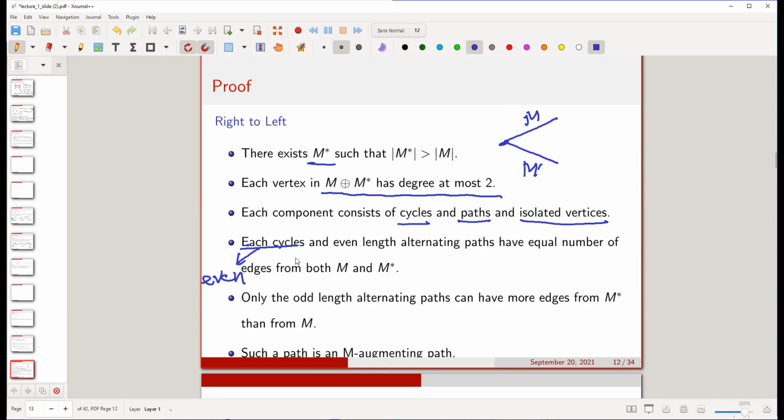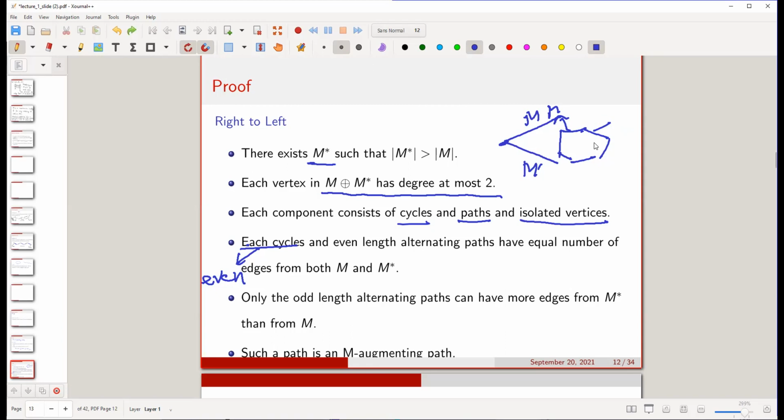Also, we can see that the edges in the cycle alternate between M and M prime. It cannot happen that, suppose we have a cycle like this, two consecutive edges of this cycle belong to a single matching, because suppose this belongs to M and this also belongs to M. In that case, this vertex will have two edges of M incident to it, which means that M will not be a matching anymore.